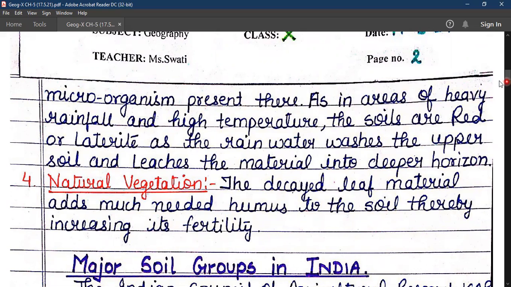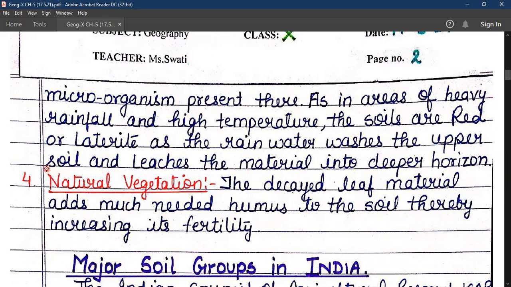As in areas of heavy rainfall and high temperature, the soils are red or laterite, as the rainwater washes the upper soil and leaches the material into the deeper horizon.